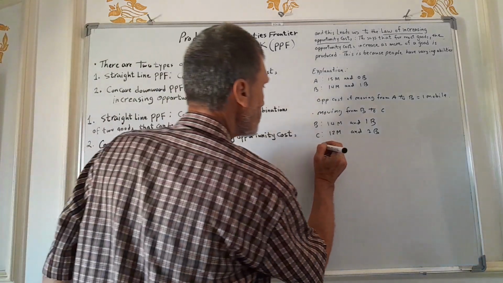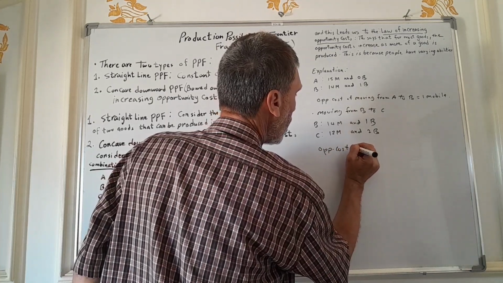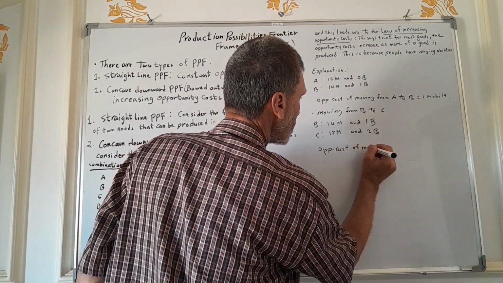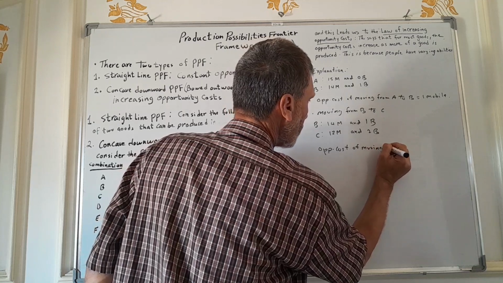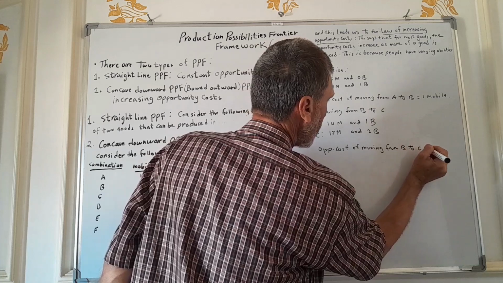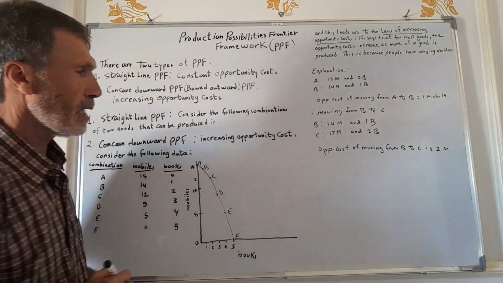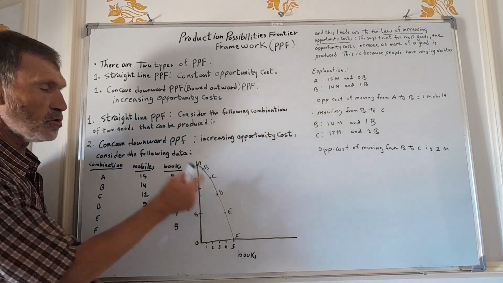So the opportunity cost of moving from B to C is 2 mobiles. Great. Now, what about moving from C to D?